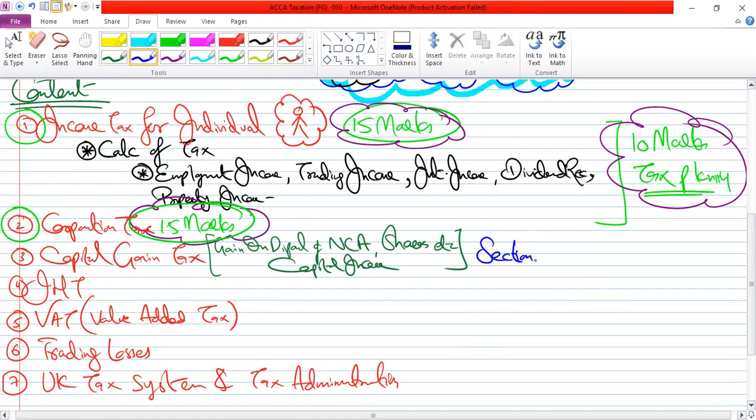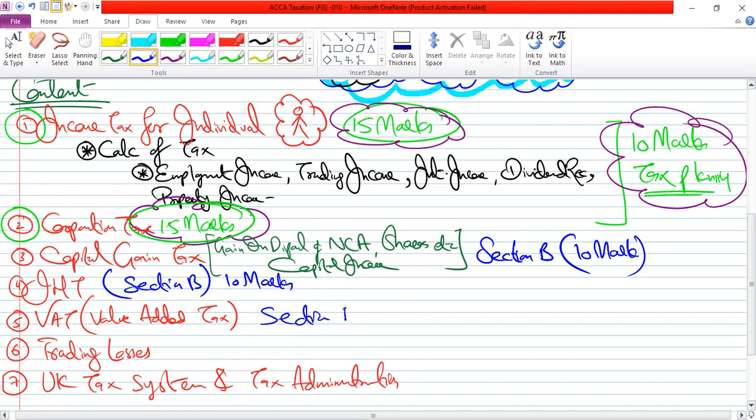Usually, in section B, a 10 mark question comes from CGT, one 10 mark question comes from IHT, and one 10 mark question comes from VAT. But that is not a guarantee. This is experience, that usually numbers 3, 4 and 5 are examined in section B.